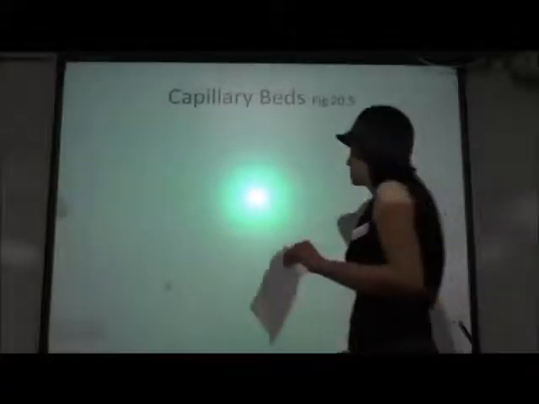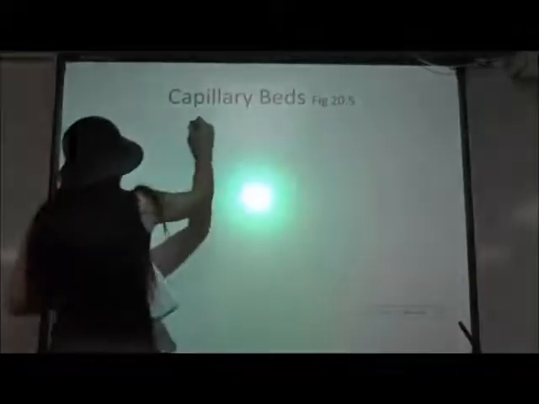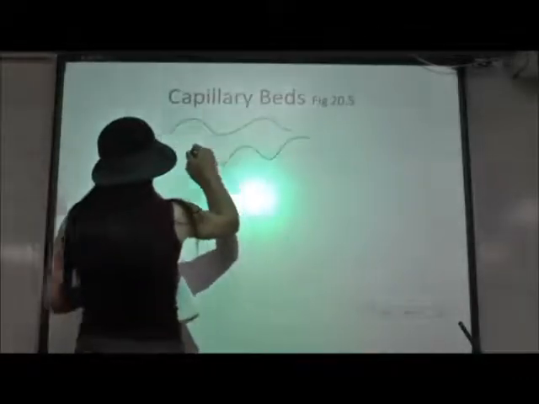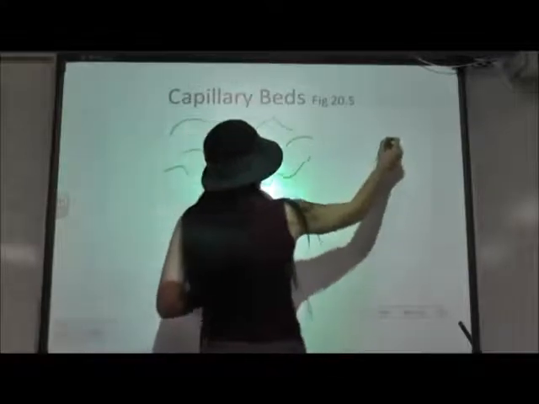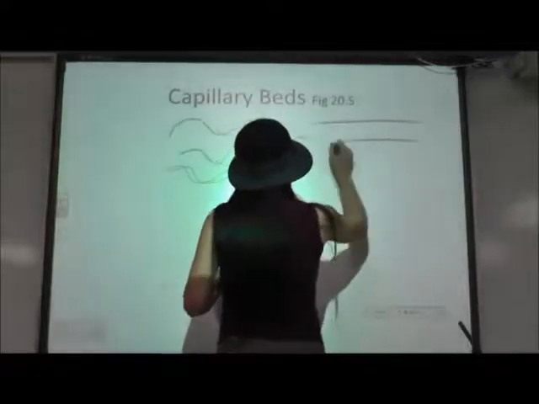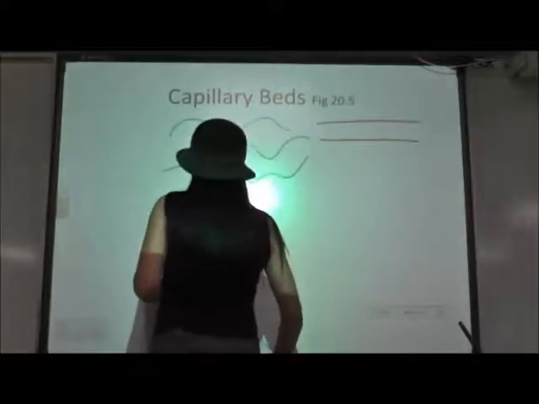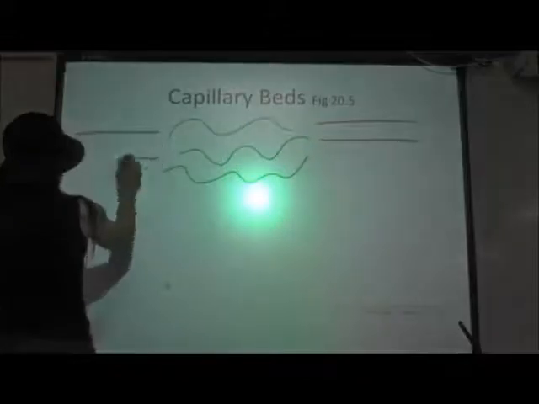All right. So capillary beds are this area where we've got a lot of small capillaries, with an arteriole leading into that, and a venule leading away from that.